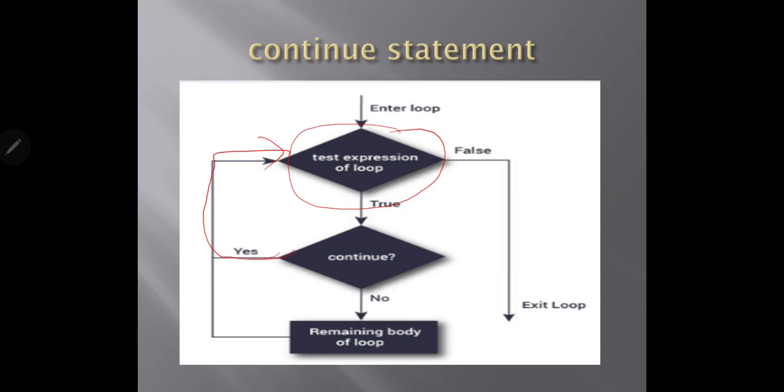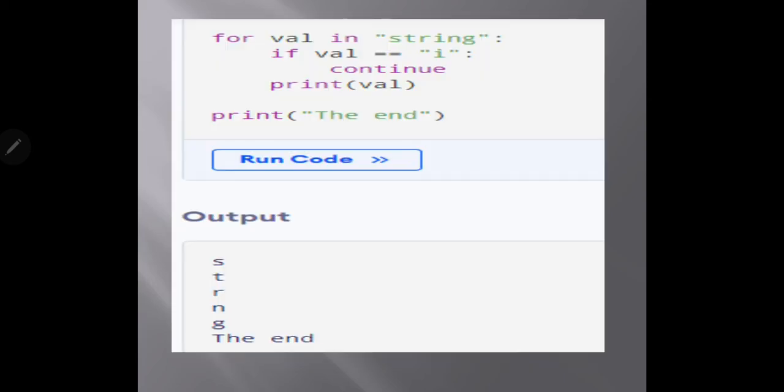Okay, now if we don't want to continue, then the remaining body of the loop will get executed, and then it will go back to the test condition. Now if this condition is false, then we will get out of the loop. So this thing will get clear when we see the example of the code.